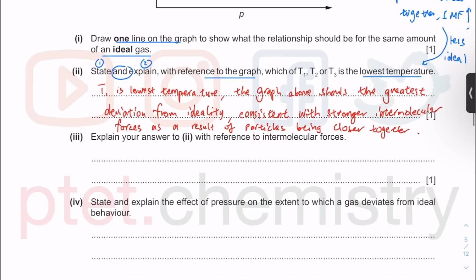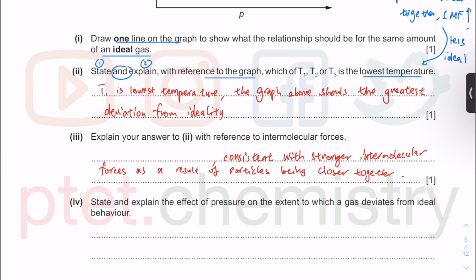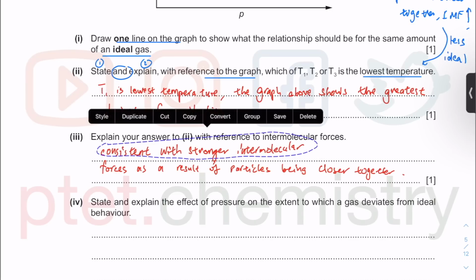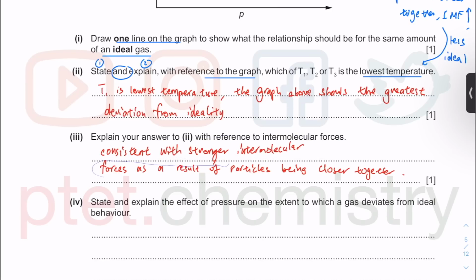Now explain your answer with reference to intermolecular forces. It seems that I have actually done the next bit here already. That was a bit strange because there was only one mark there. I think I can then use the second bit of the explanation, consistent with stronger intermolecular forces, for this second bit. So let me just move my point around. Sometimes it's quite challenging, isn't it?